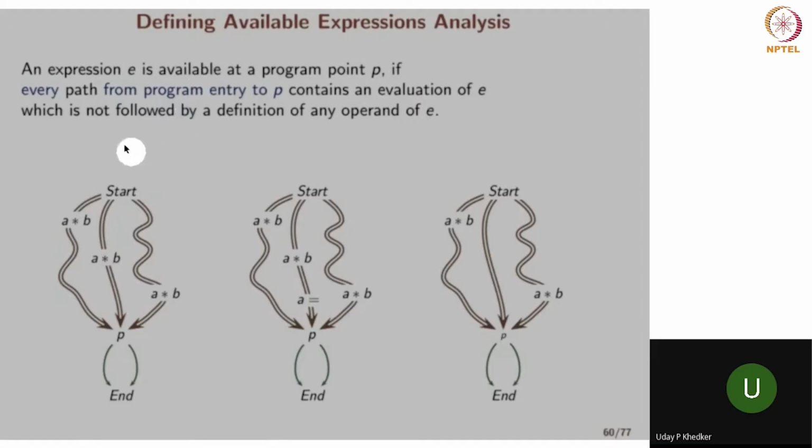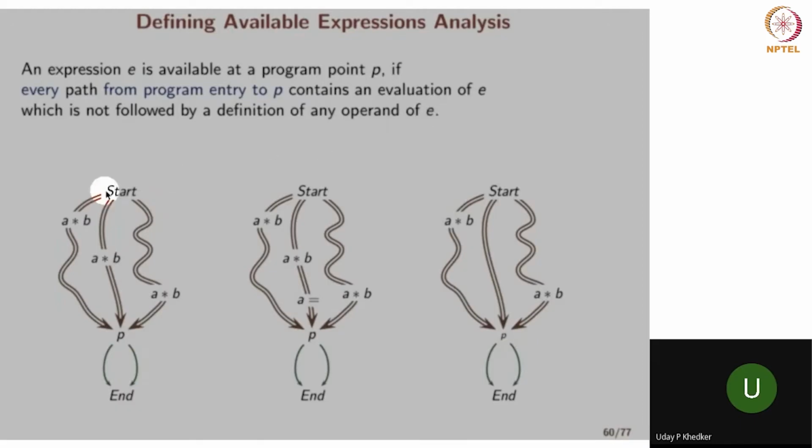The fourth difference is that we're talking about an occurrence of E which is not followed by a definition of any operand of E. In case of live variables analysis, we said use of V which is not preceded by a definition. Here, it should not be followed by a definition. So this is an example of what is called a forward data flow analysis. The previous analysis was an example of what is called a backward data flow analysis.